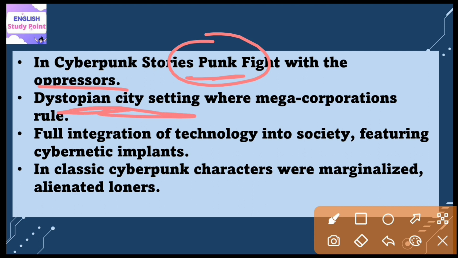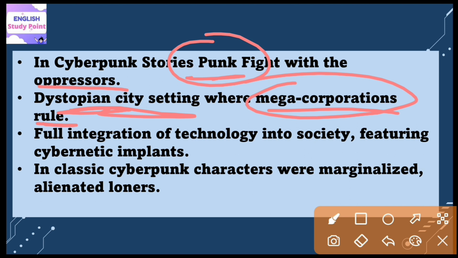So what is this dystopian city? This is a kind of imaginative city or a fantasy based city where there is great suffering or injustice done to poor people who are living in this society. So a dystopian city setting where mega corporations rule. I have already told you that these mega corporations are giant companies that are formed with collaboration of two or more large companies.